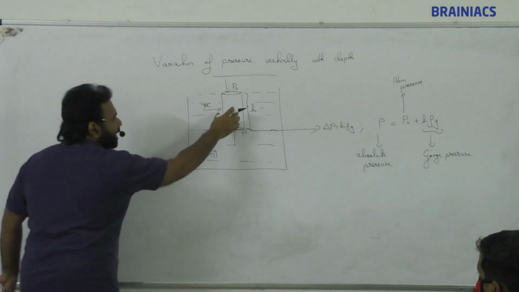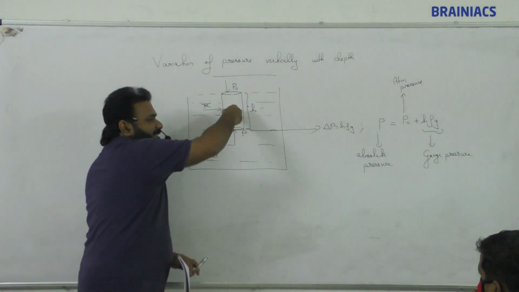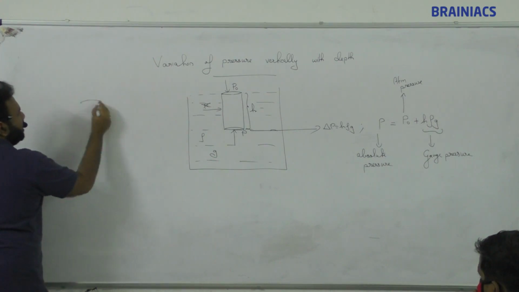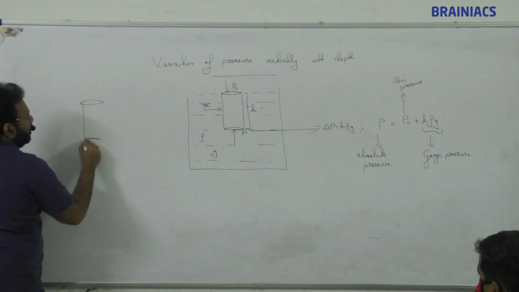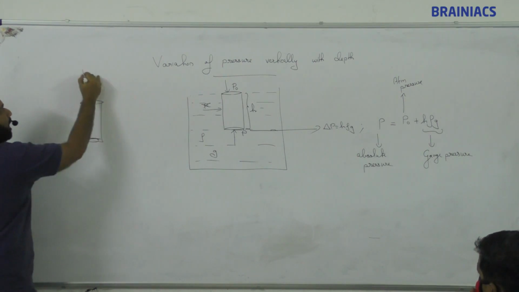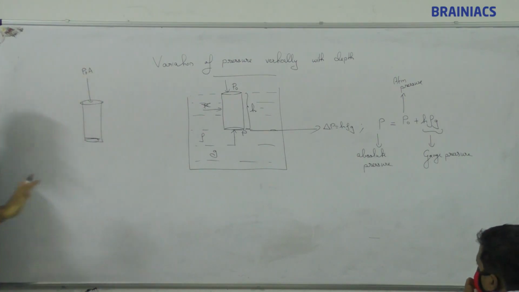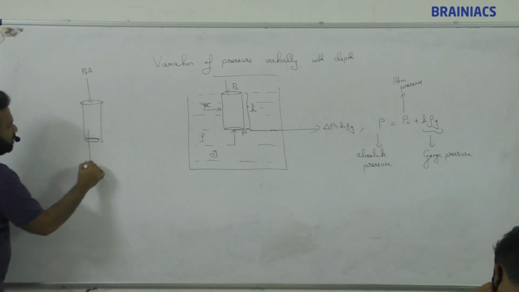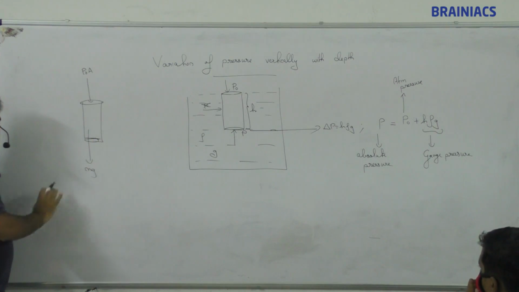So suppose we take this liquid column, okay, I kept it here. So this is the body. Due to atmospheric pressure, P naught into A acts downwards. Then mg will be downwards, right?